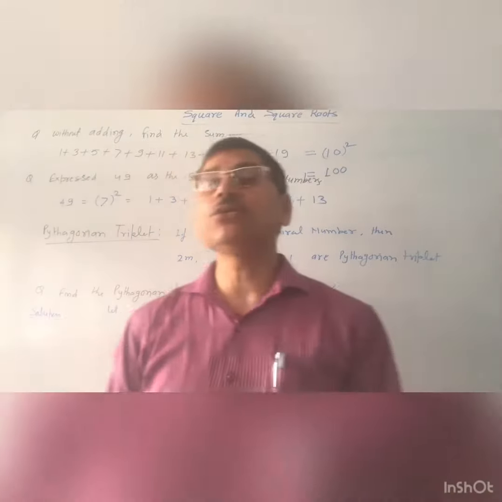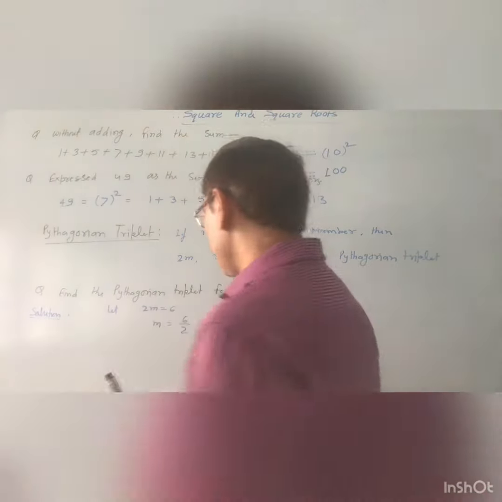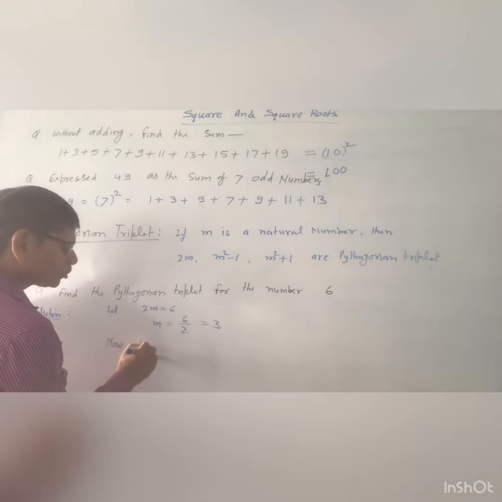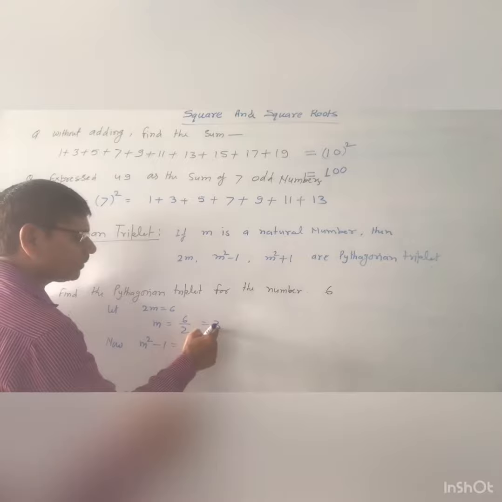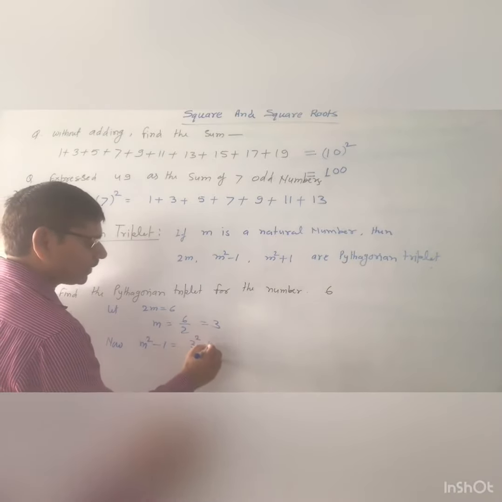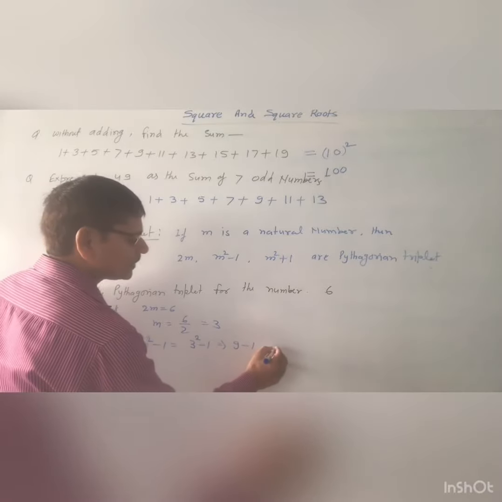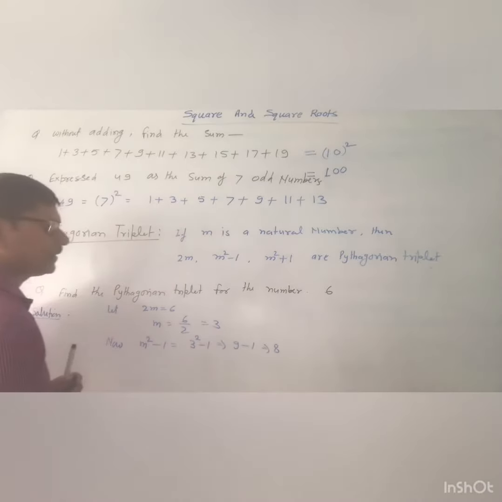That is m equal to 3. Now m square minus 1 equal to 3 square minus 1, means 9 minus 1, that is 8. You will get 8.